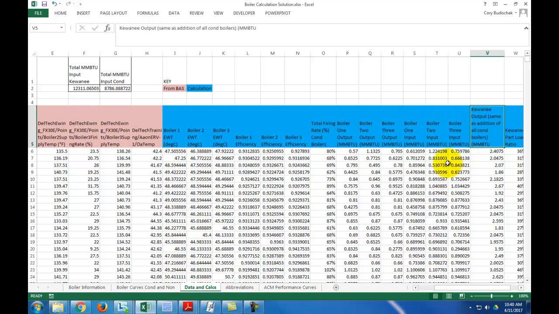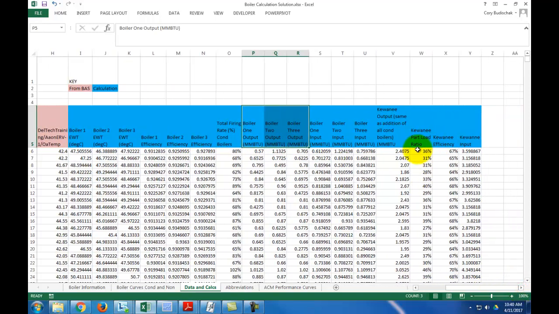Then we know that the Q1E output is the addition of all of the outputs of the condensing boilers. Because remember, output is always the same when we're comparing different HVAC systems, because you want to output the same amount of heat to the building. So you can see that this is just the sum of these three numbers.